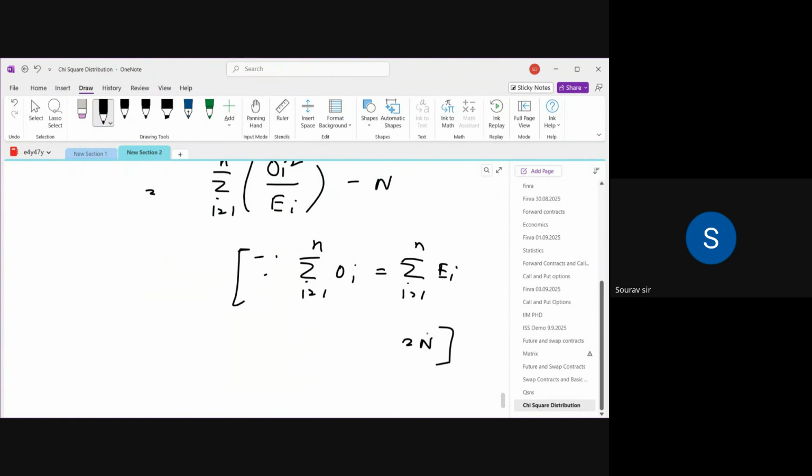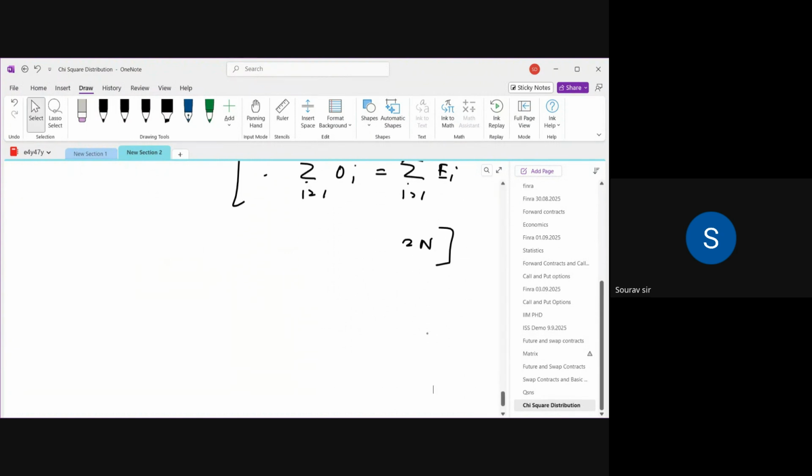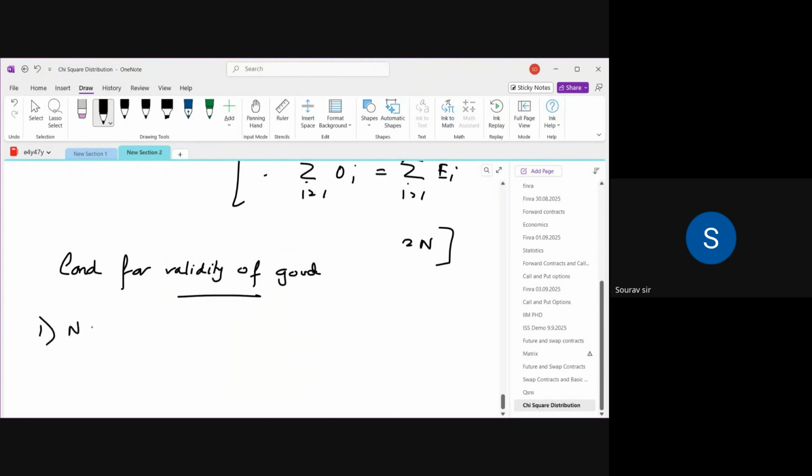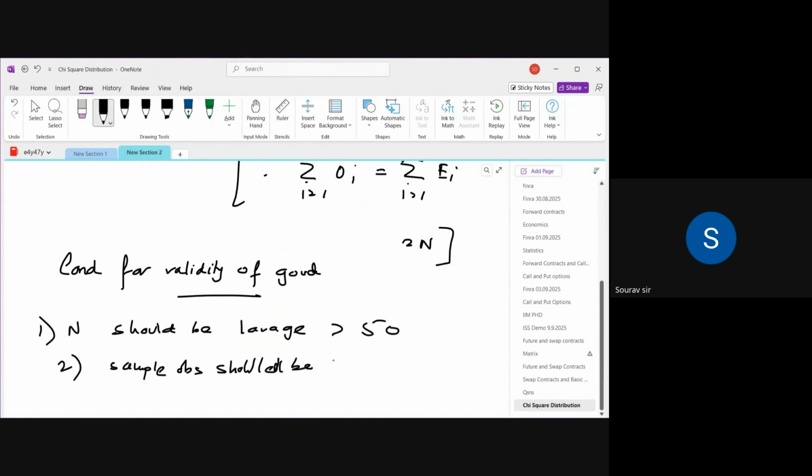So what are the conditions for the validity of the goodness of fit? First, n, the total frequency, should be large, say greater than 50. Next, the sample observations should be independent.